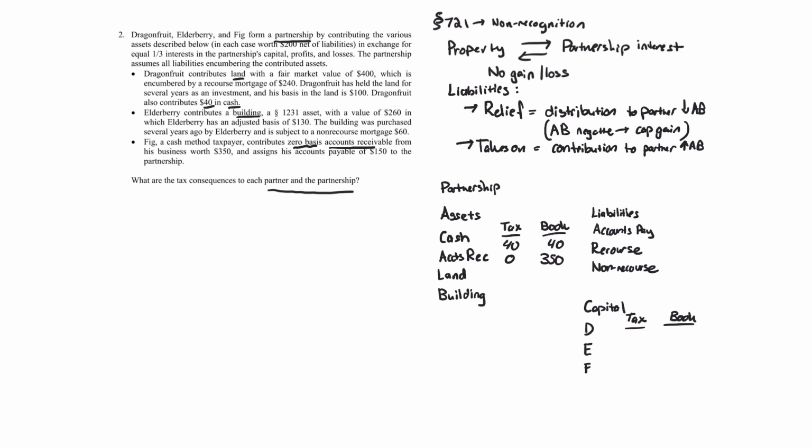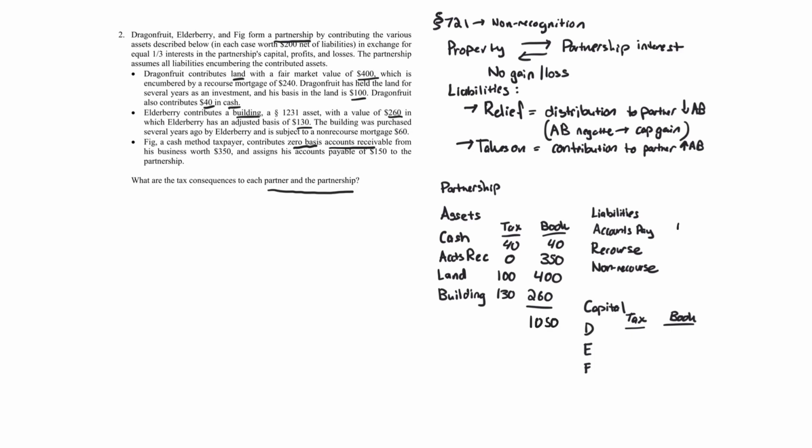Land has a basis of 100 and a 400 value. And building has a value of 260 and a basis of 130. We add up the book amount, which is important for getting our capital book, right? Because that needs to balance. We get 1050.